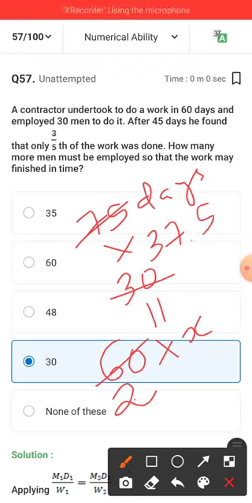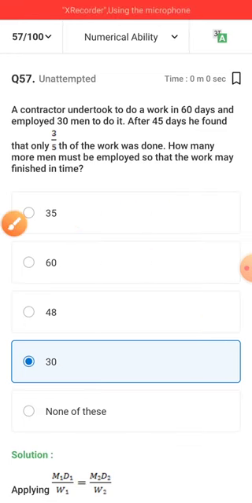So the number of men required is 37.5, and the remaining days are 15. But this is not the way this problem has to be done. Sometimes the doubt will come. So guys, come to the point.